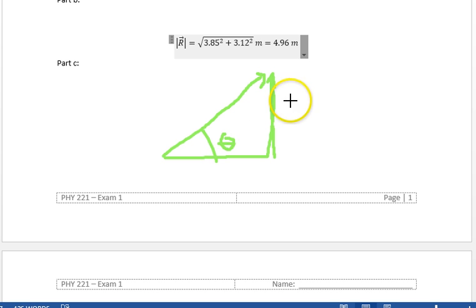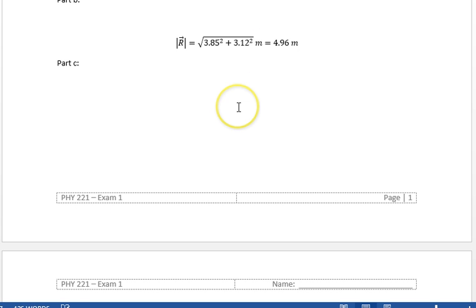So tangent of that angle is y over x, right? So what we're after is the inverse tangent of the y piece, which is 3.12, divided by the x piece, 3.85.